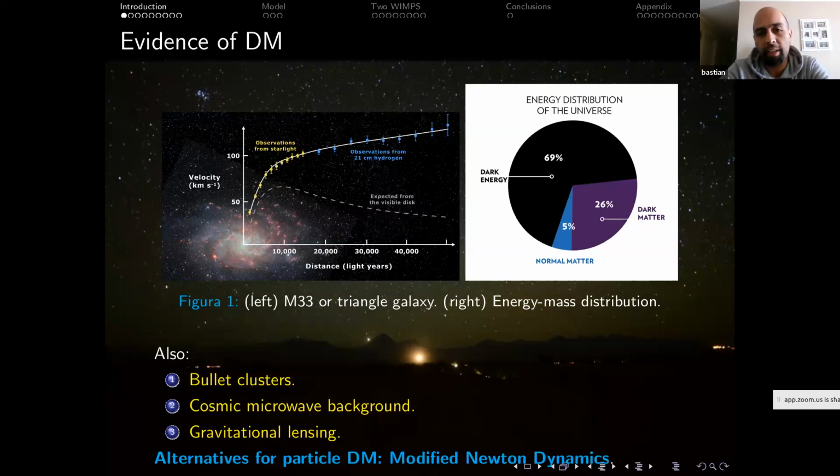But never forget that there are other options apart from this, that is modifying Newtonian dynamics. In my understanding, these types of theories are very successful when they try to explain these rotation curves. But at the same time, I understand that they have some issues with, for instance, CMB fitting.